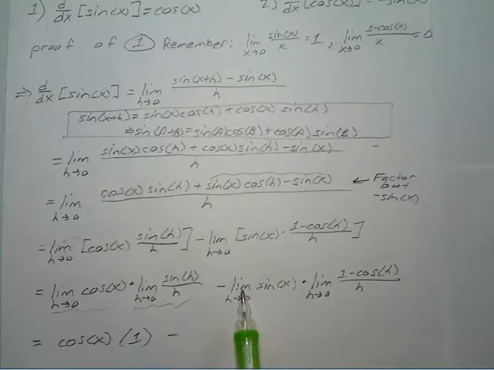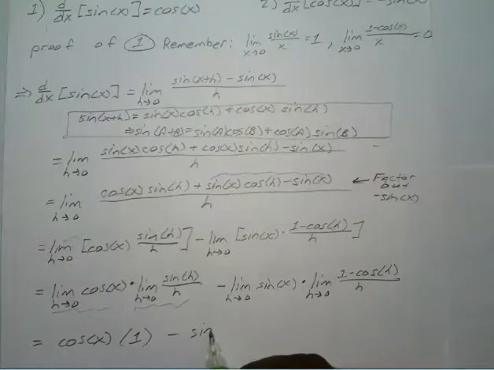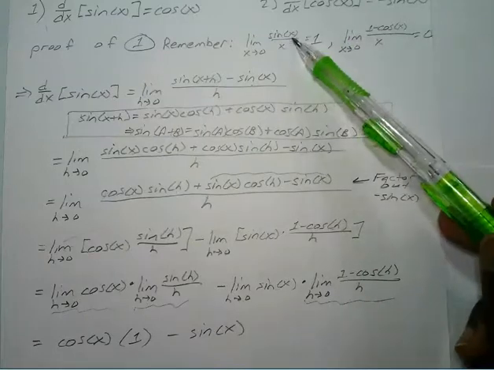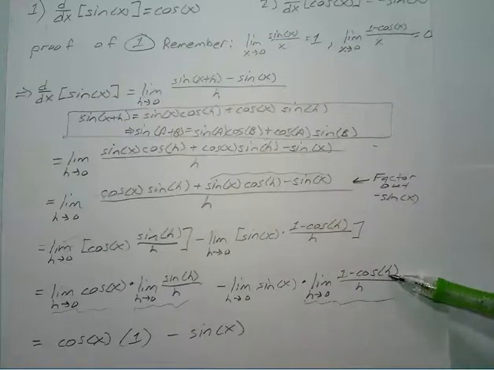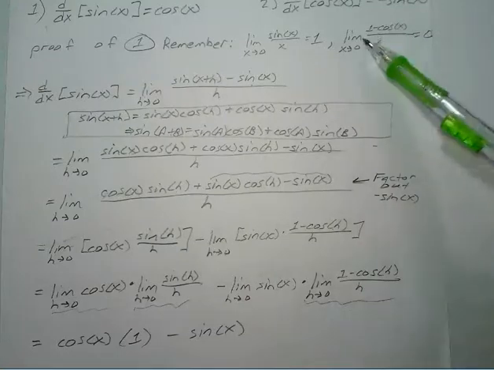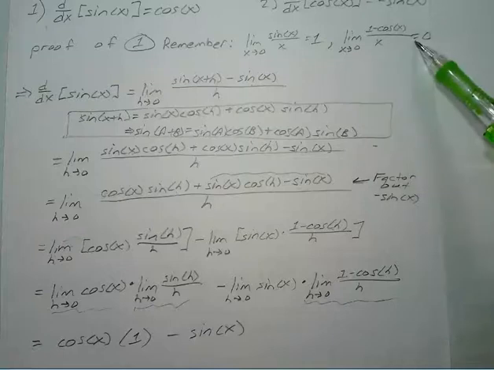Minus, you have the limit of sine of x as h approaches 0. Again, no h to replace, so you have sine of x. And here, same thing: you have 1 minus cosine of h over h as h approaches 0, and 1 minus cosine of x over x as x approaches 0 is equal to 0.